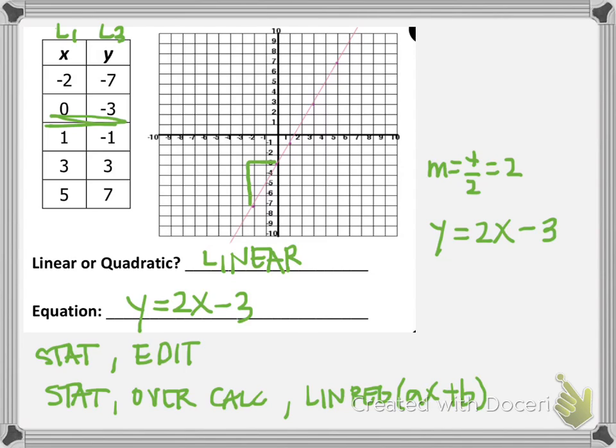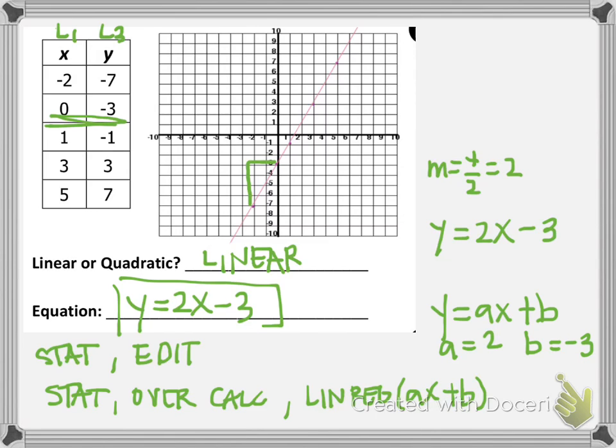So you see that on your calculator it says y equals ax plus b, and it says a is equal to 2, and b is equal to -3. And so that would give me my formula here, because it represents the coefficients in front of those. Okay? All right, let's look at another one.